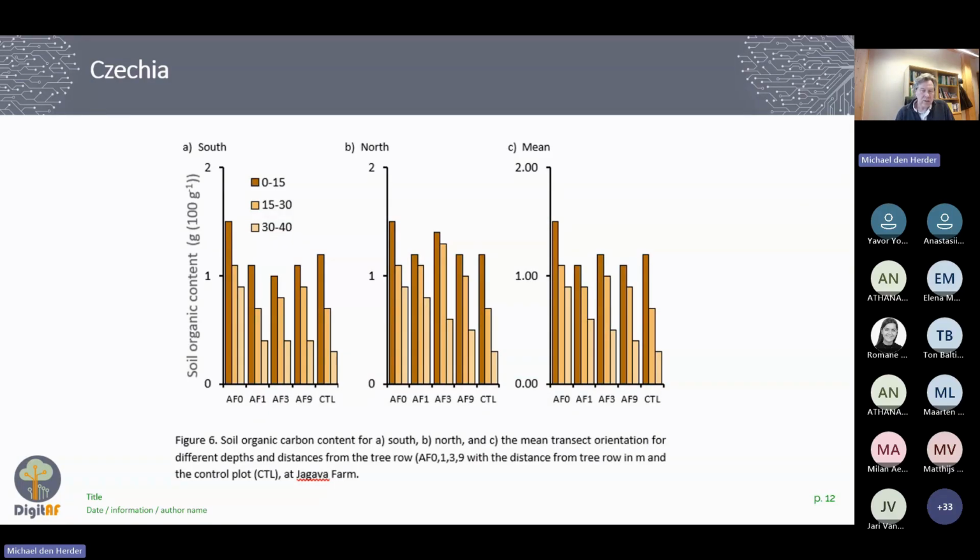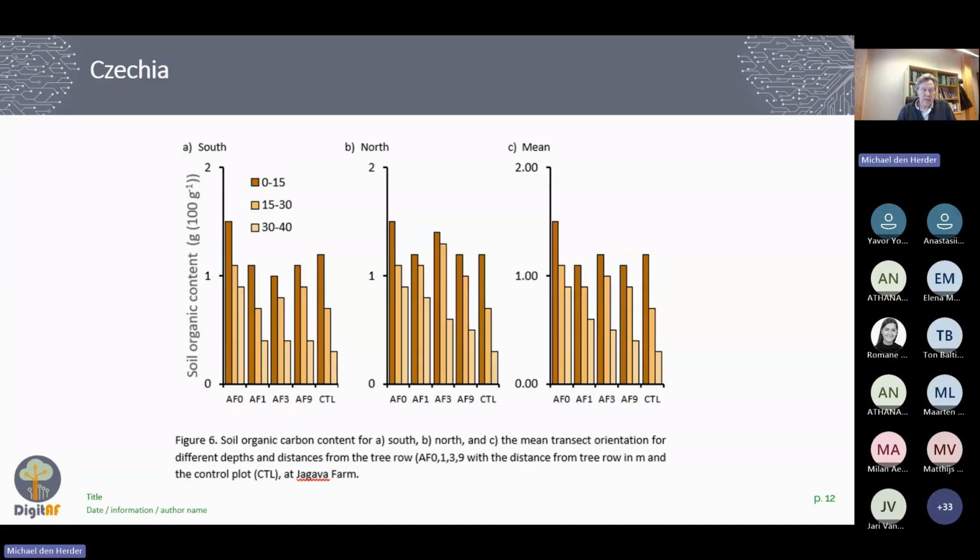Here you see the results of the soil organic carbon content in different transects at different distances from the tree row. The far left is inside the tree row, and then they took samples at 1 meter, 3 meters, and 9 meters from the tree row, at different depths, and also in a control area.